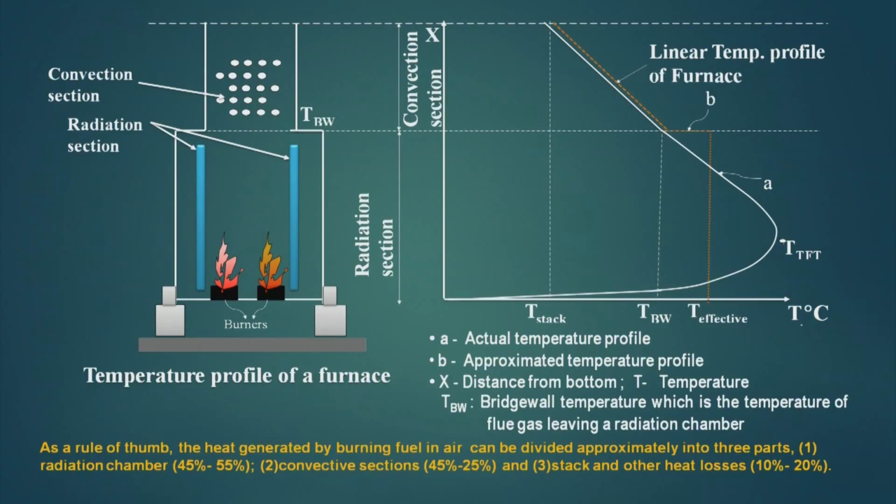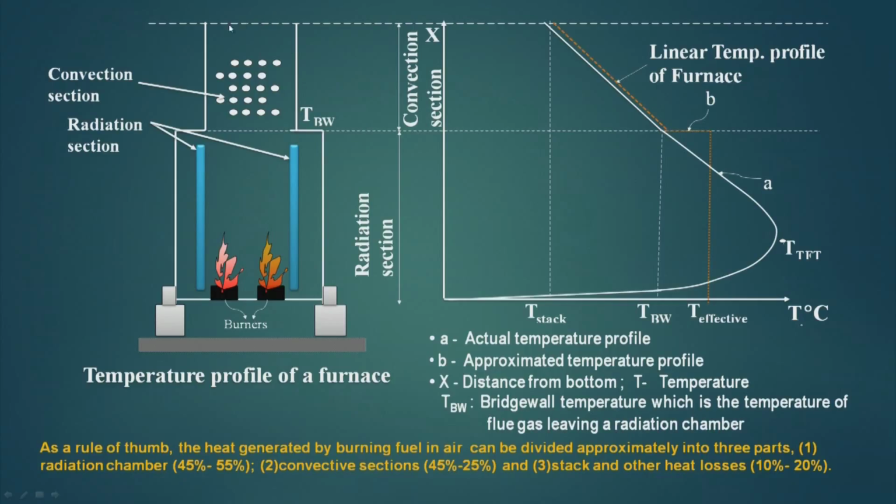This shows the diagram of a furnace. Here the burners are there, the oil is fired, these are the flames, and this section is the radiation section. The air which goes out from the radiation section has a temperature TBW.